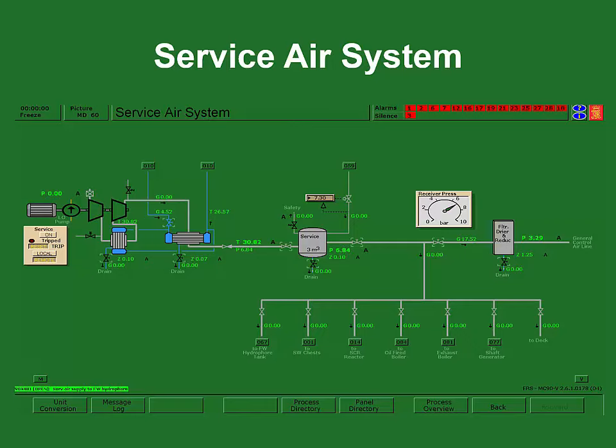Where a separate system like on American ships, they can drain the ship service air system. It's not such a big deal because your control air is separate. So with this European system, you would really have to treat the whole ship service and control air as a vital system.